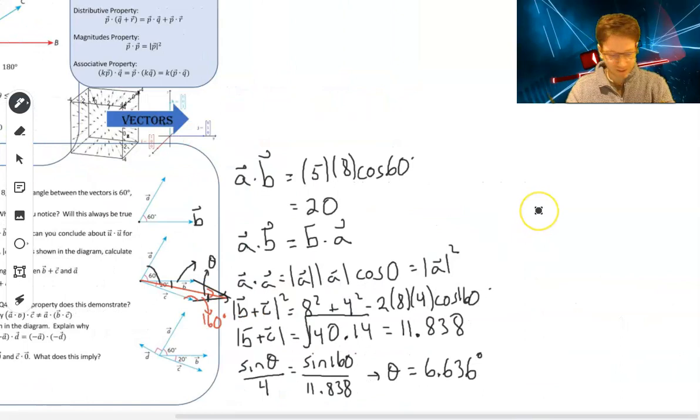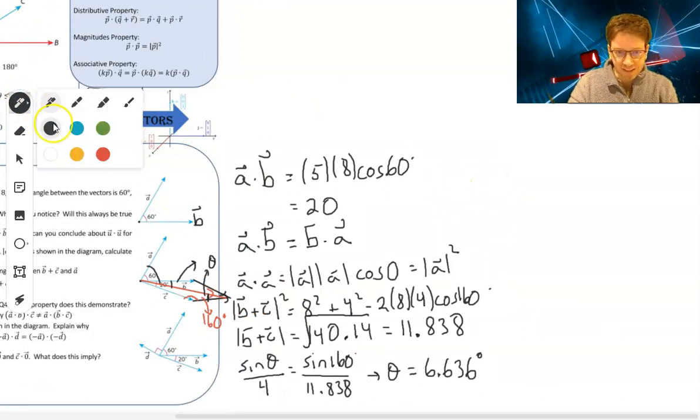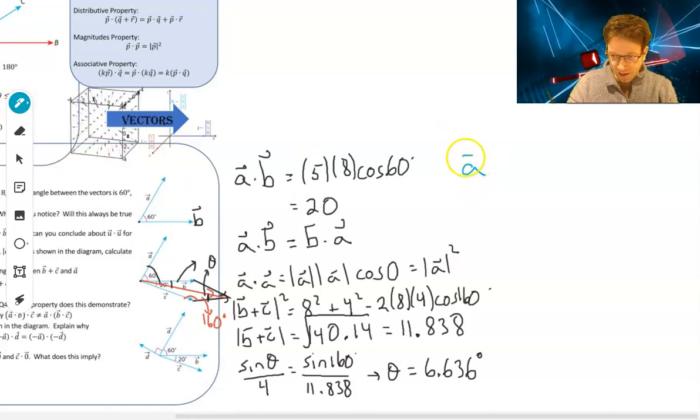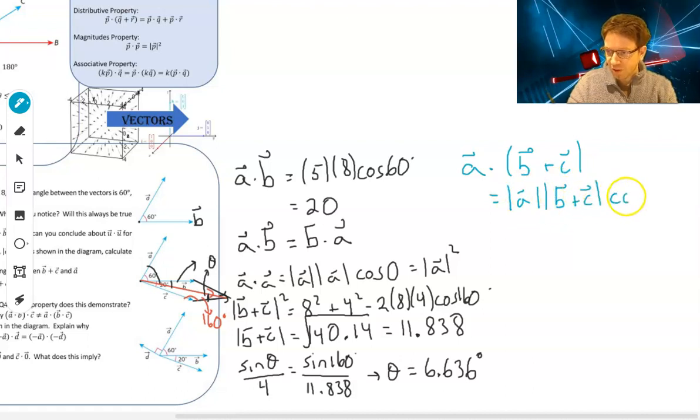So I'm just going to go over to the side here. I'm going to change color because I'm running out of room. A dot B plus C. That is just going to be the magnitude of A times the magnitude of B plus C times the cos of the angle between these two vectors.